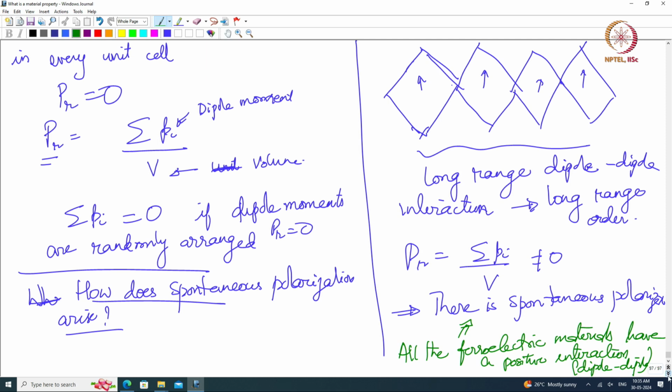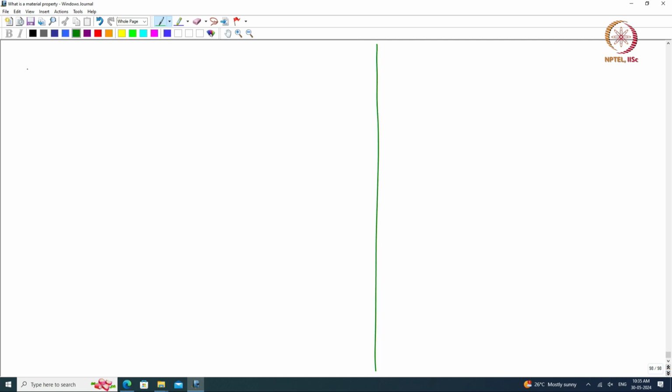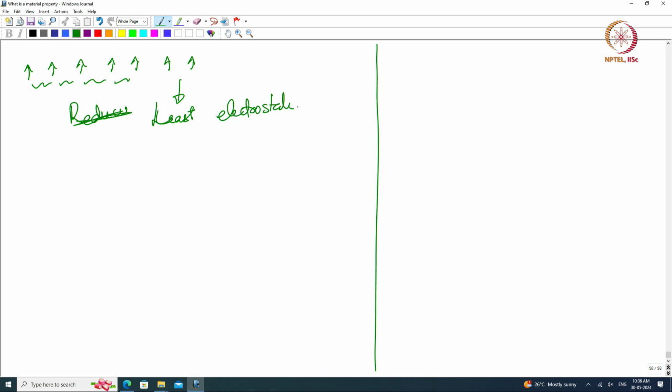So, by making a configuration of dipoles which is like this, given the dipole interaction is actually attractive, you are reducing the energy of the system. This is the least electrostatic free energy in the system.